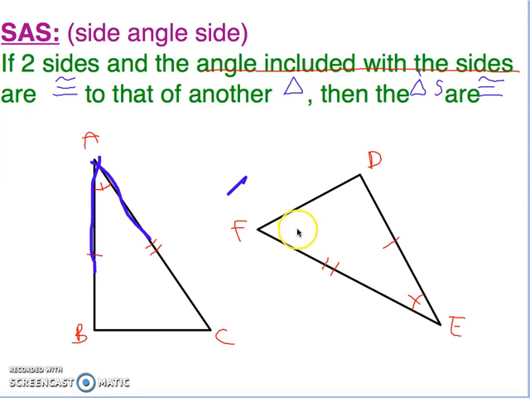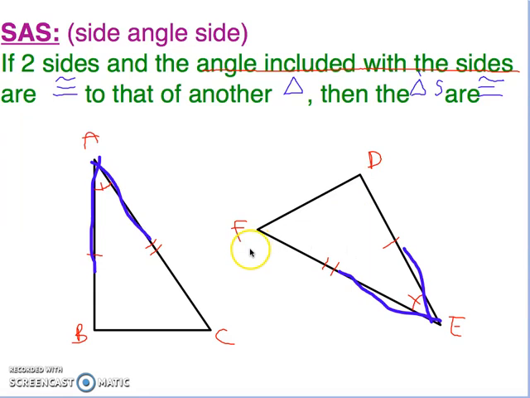The 2 sides that meet, this is the angle marked congruent. So again, you have 1 here and 2 here, and those meet up right at angle E. So that's what it means up here when it says if 2 sides and the angle included with the sides are congruent to that of another triangle, like these two, then the triangles are congruent.